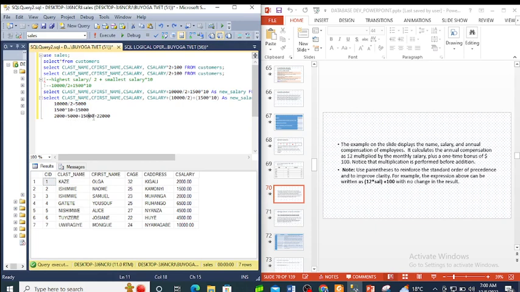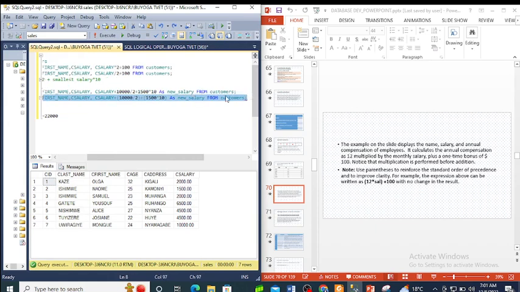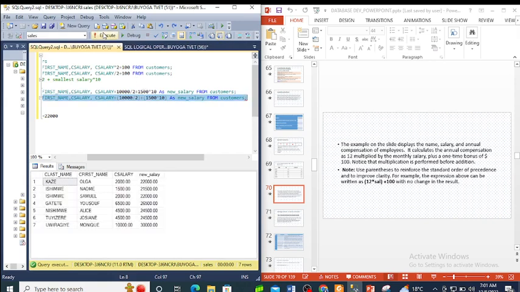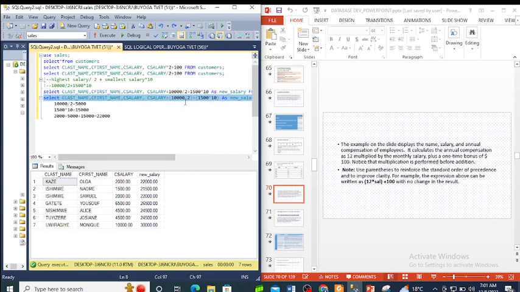Then in total it will be 22,000. So let's execute this one. You can see this 22. So it is better to put parentheses to improve the clarity.